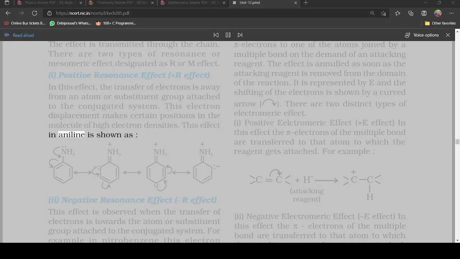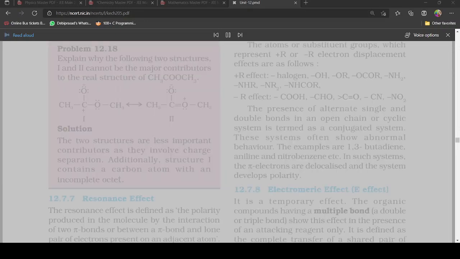This effect in aniline is shown as follows. The atoms or substituent groups, which represent +R or -R electron displacement effects, are as follows. +R effect: halogen, OH, OR, NH2, NHR, NR2, NHCOR. -R effect: COOH, CHO, C=O, CN, NO2.